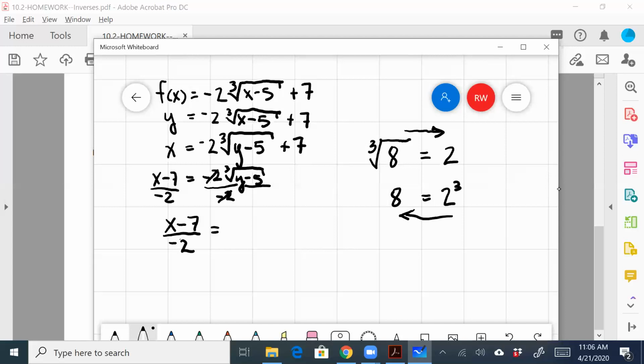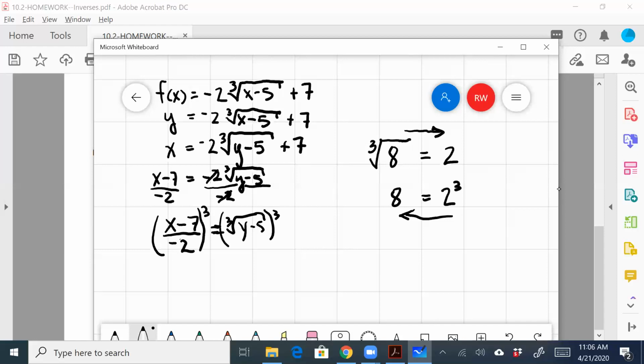So we take the cube of both sides. We raise them both to the third power. We take this side, y minus 5 cube root, and we cube it, which undoes that operation, just like division undoes multiplication or subtraction undoes addition. Cubing something undoes the cube root.